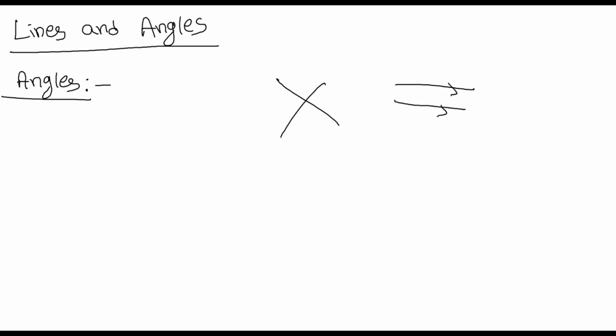And you know what parallel lines are? Parallel lines are those which won't intersect at any point of time; they run together and do not intersect each other.